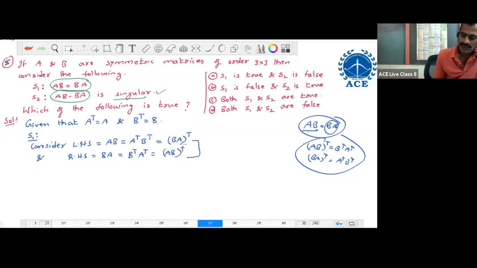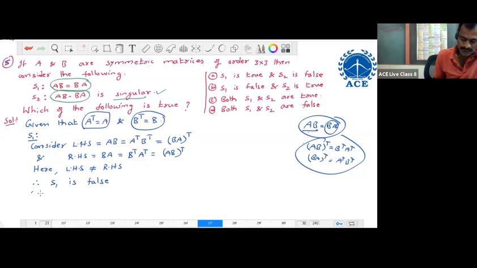LHS is equal to (BA) power T and RHS equal to (AB) power T. So LHS is not the same as RHS. For the given data A transpose equal to A, B transpose equal to B, LHS is not equal to RHS. Therefore, S1 is false for the given two symmetric matrices.